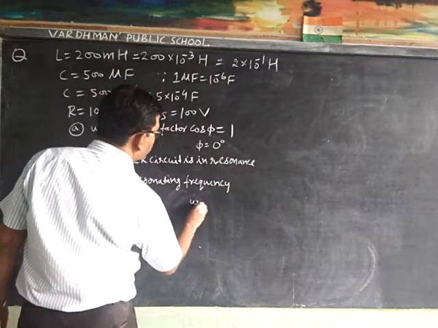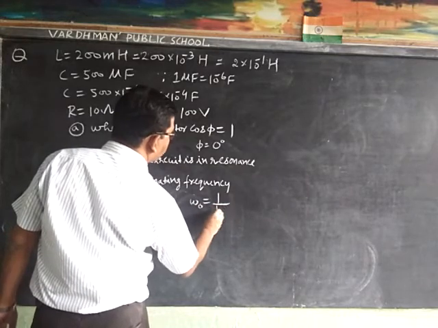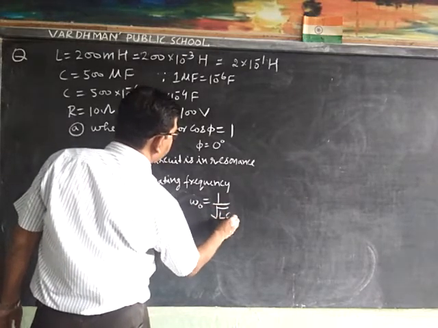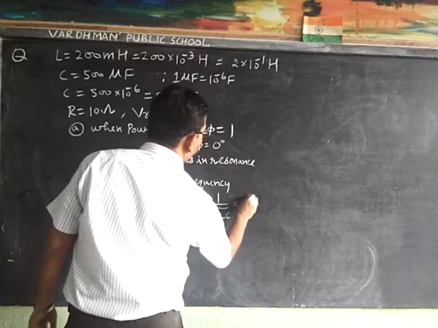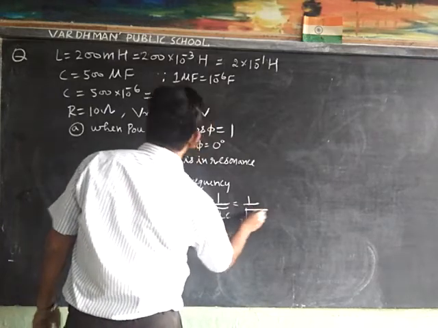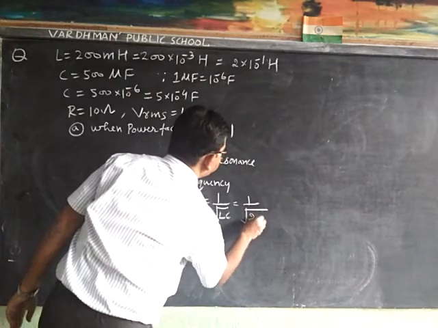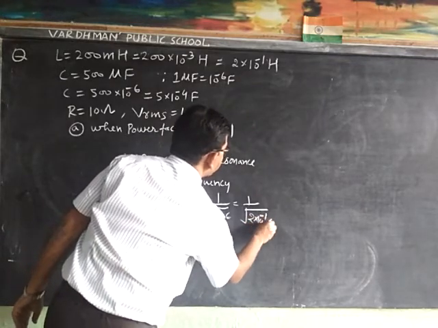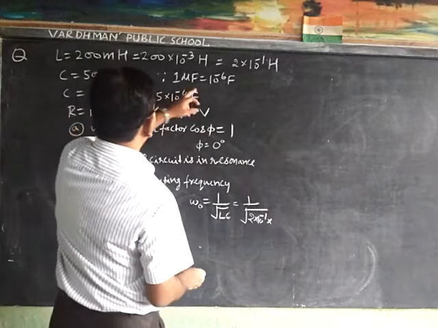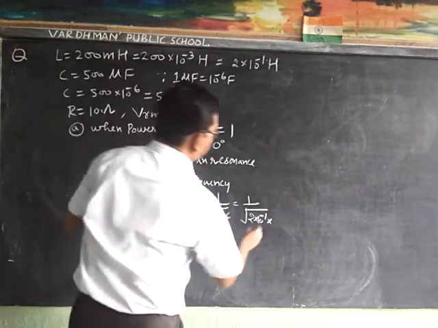Omega 0 is equal to 1 upon under root LC. That is 1 upon under root of L, 2 into 10 power minus 1, times C, 5 into 10 power minus 4.